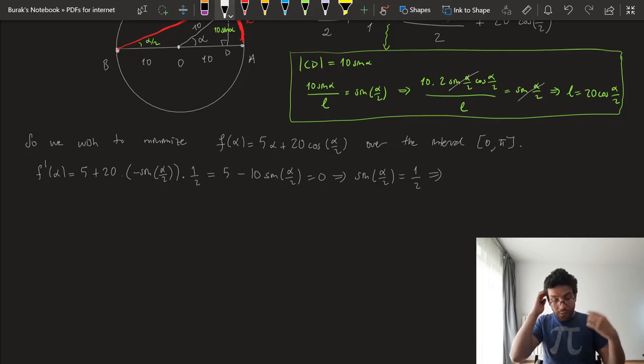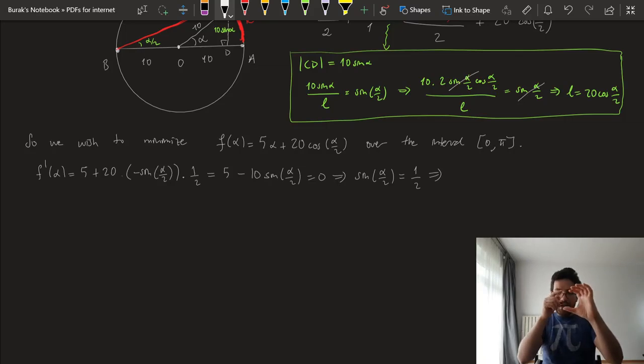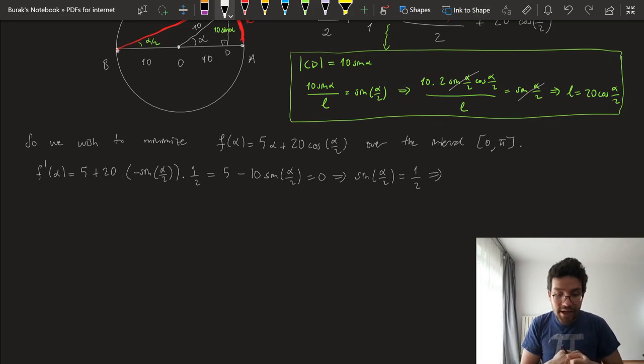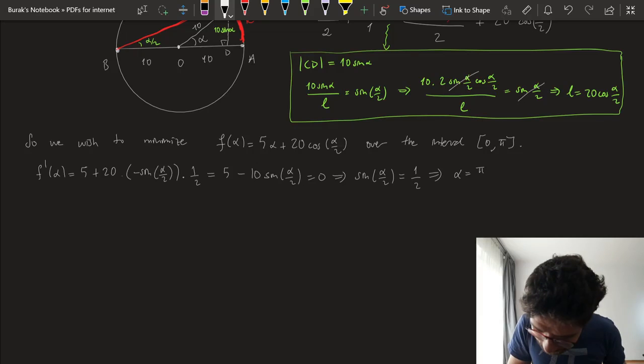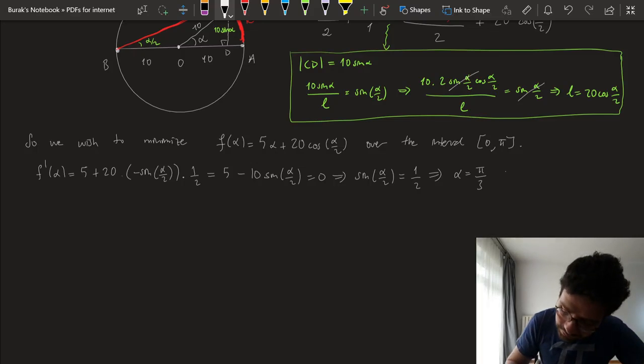Well, it can be pi over 6 or 5 pi over 6 and so on, the angles which give you sine 1/2, but if alpha is between 0 and pi, alpha over 2 should be between 0 and pi over 2, and the only angle between 0 and pi over 2 whose sine is 1/2 is pi over 6, so alpha over 2 is pi over 6, which means that alpha is pi over 3. So this is the only critical point.